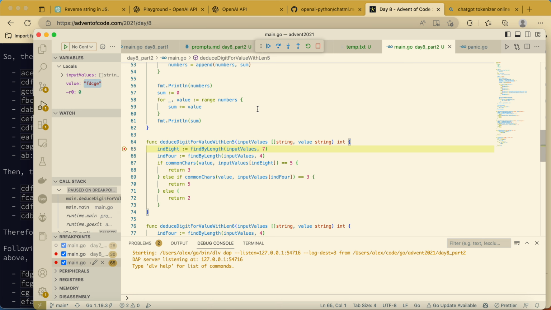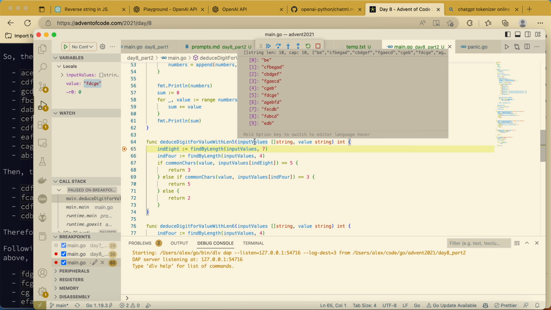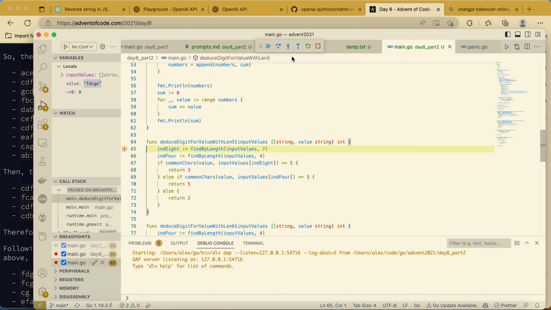Okay, now we're here. We have all of our inputs, and we know that our 7 should be the longest one. Our 8 should be with length 7 and should be with index 1.